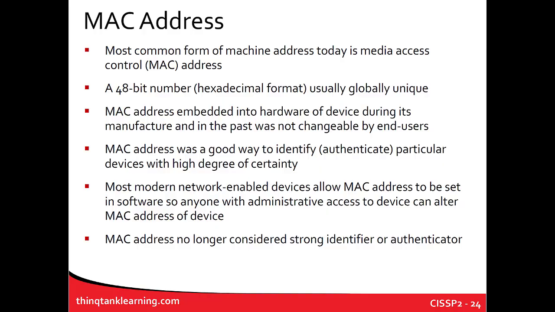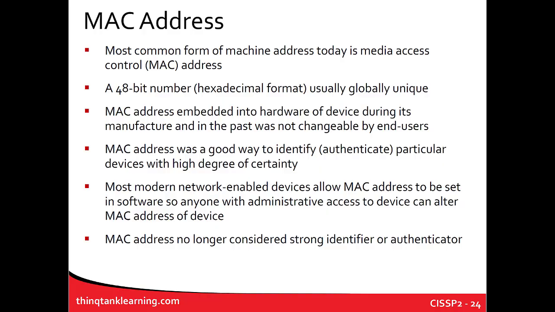If we're running 802.1X, extensible authentication, and the device, the supplicant, doesn't support an 802.1X client, and we don't want to use a web authentication feature, we might use something called MAC authentication bypass, where we use a 48-bit hexadecimal ID, the MAC address, to identify that individual. Not the individual, but the hardware, right?